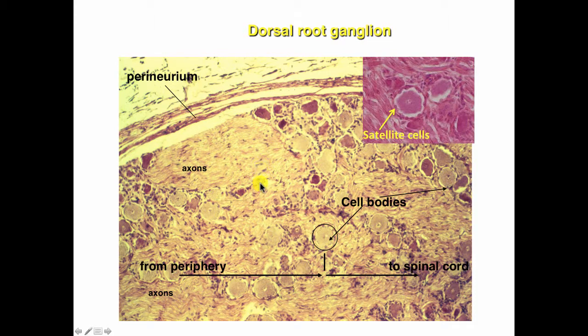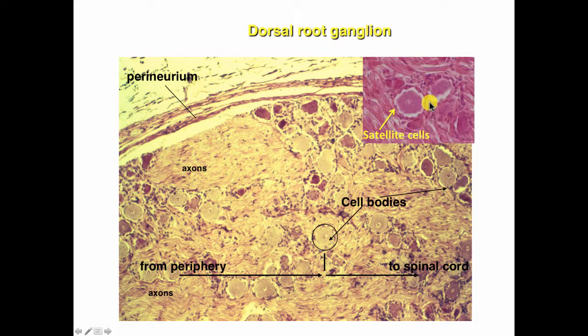And this is a section through such a dorsal root ganglion containing the very large cell bodies of these unipolar neurons. This arrow here represents sensory information coming from the periphery, and this arrow here represents sensory information being carried to the spinal cord.